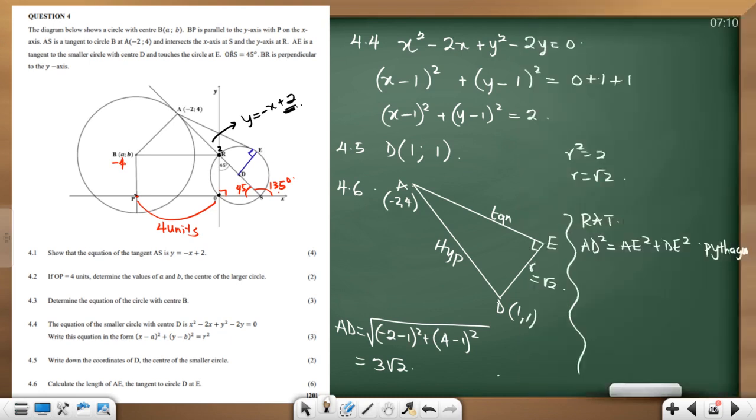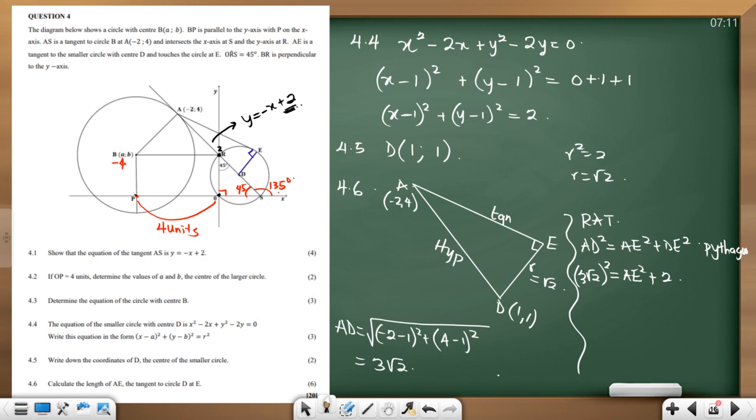Do I know AD now? All right, I do know AD: 3 root 2 squared. What is our AE? That's what we are looking for. Do I know DE? Oh, it's DE squared, which is r squared. So that is just 2. Now, what is 3 times 3? 9 times 2, 18. Oh, by the way, it's AD squared as well.